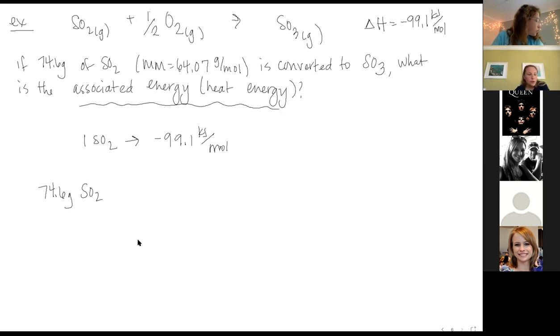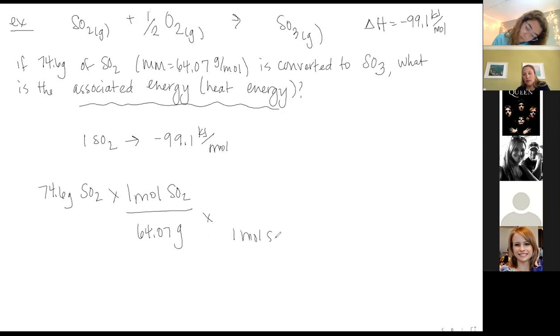Okay, so we have 74.6 grams of SO2. We know the molar mass: for every 1 mole of SO2, we have 64.07 grams. And then we know that for every 1 mole of SO2, we have to absorb 99.1 kilojoules.